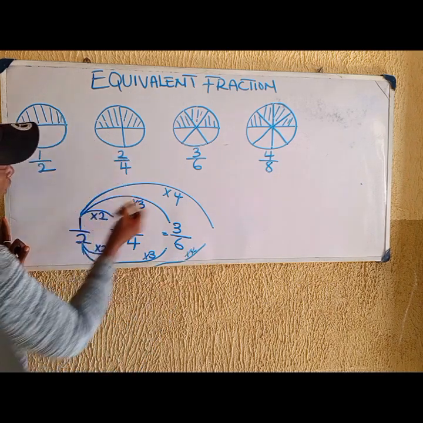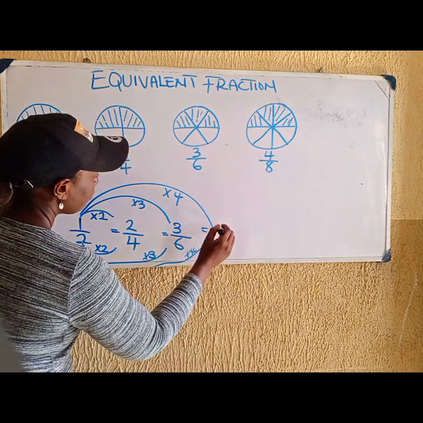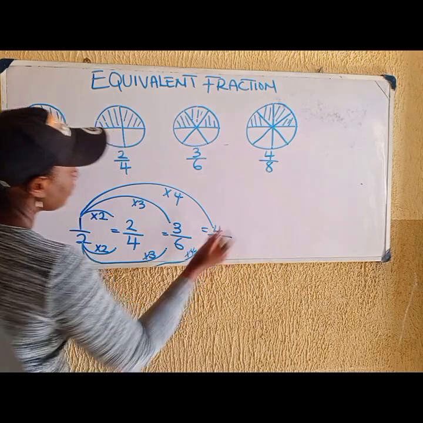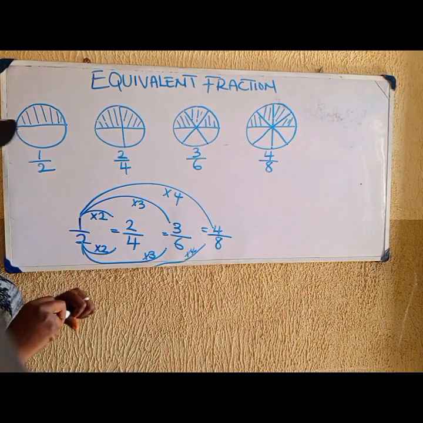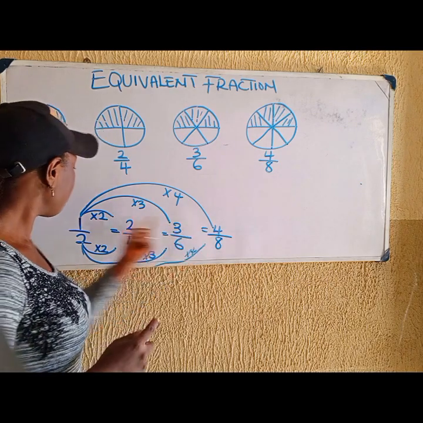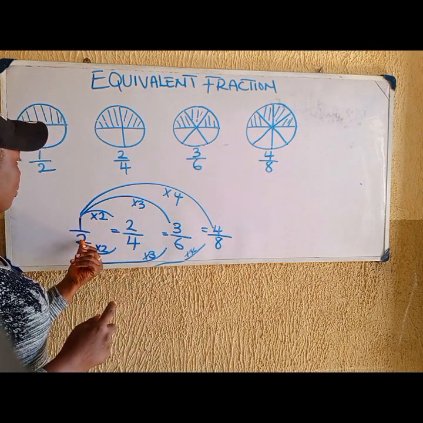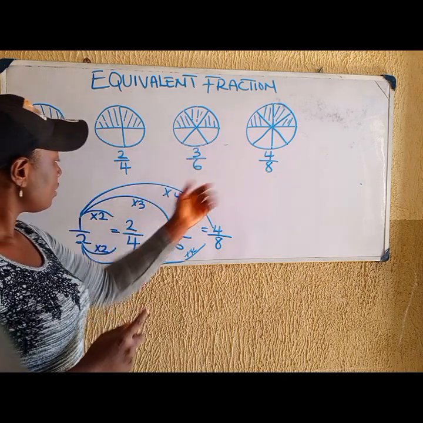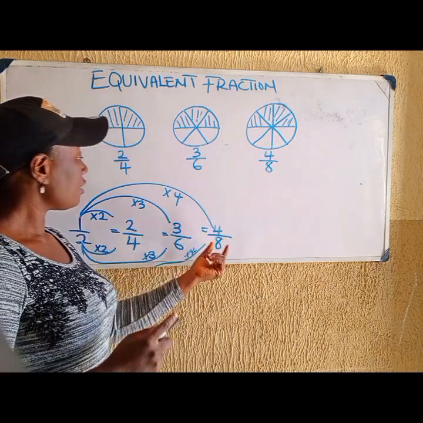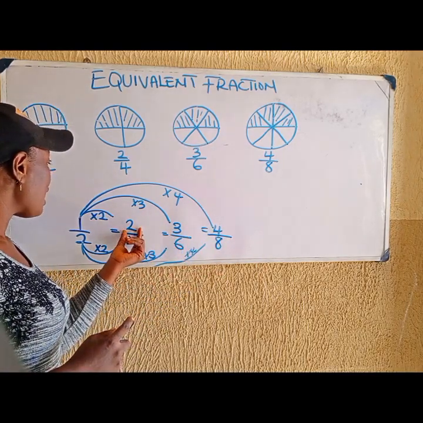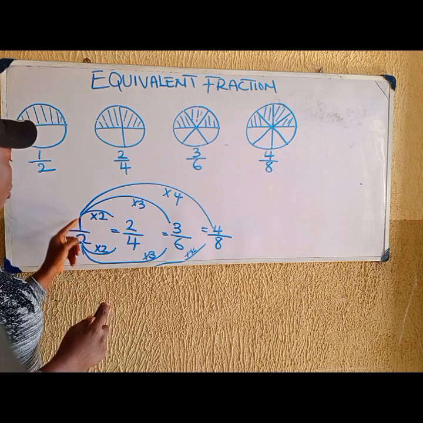So 1 times 4 will give us 4, over 2 times 4 will give us 8. So, can you see now that these are equivalent fractions of 1/2? We have obtained 2/4, 3/6, and 4/8. All these fractions are equivalent fractions of 1/2.